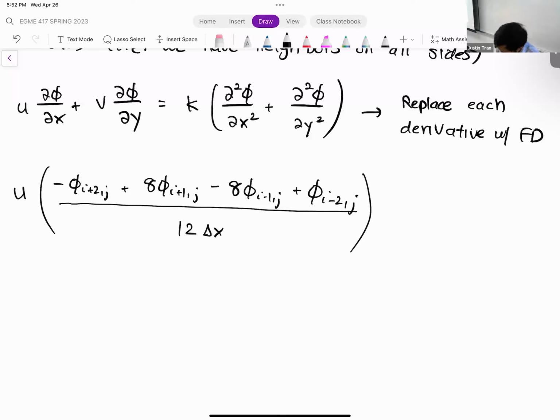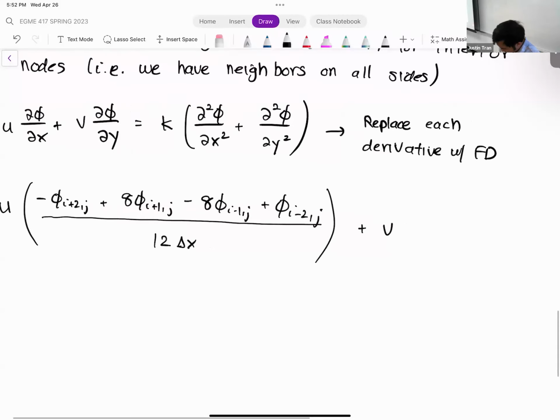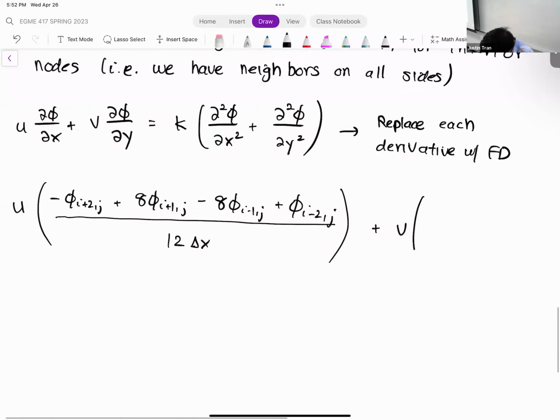Plus v. We're going to do the same thing for v here, except we're going to put the plus 2s and plus 1s on the j instead of the i.